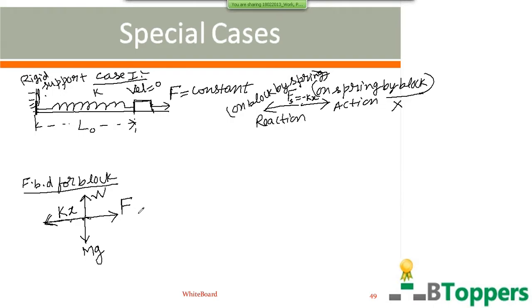That means the acceleration of the block will be in the direction of the motion as long as Kx is less than F. Then the magnitude of velocity of the block goes on increasing as long as Kx is less than F. So the magnitude of the velocity of the block reaches the maximum value when Kx becomes equal to F.